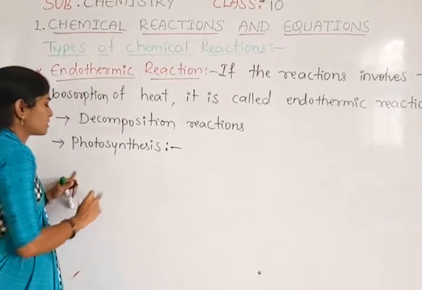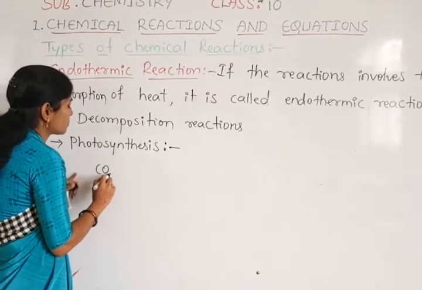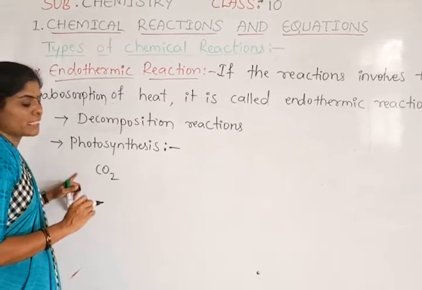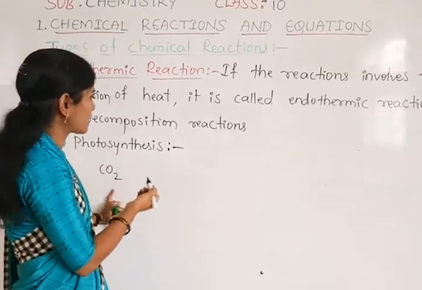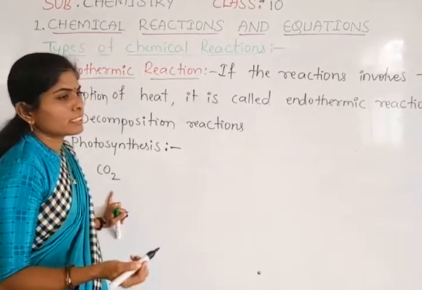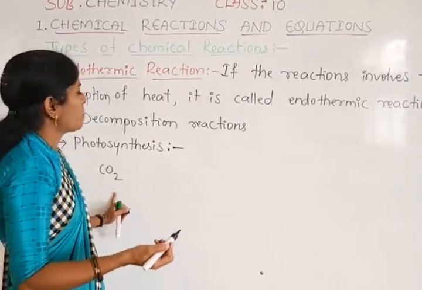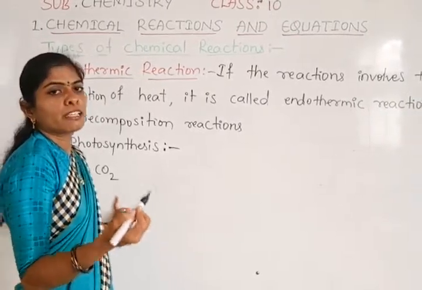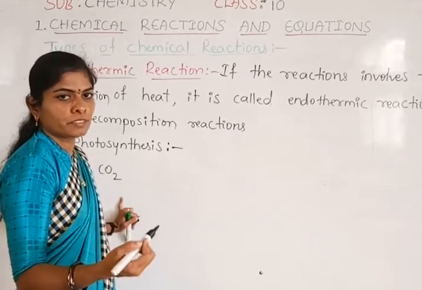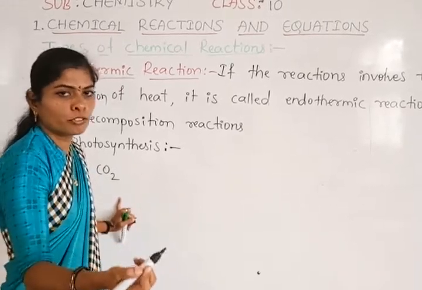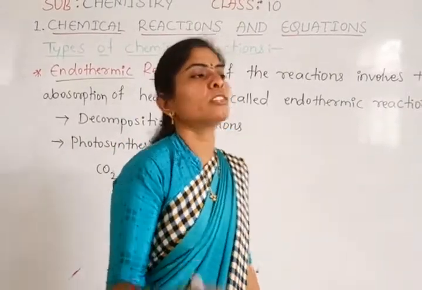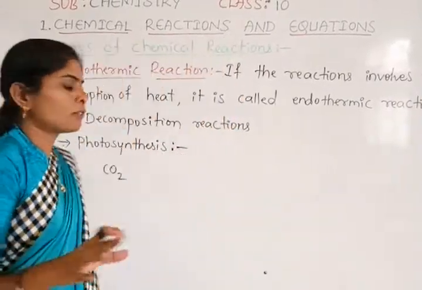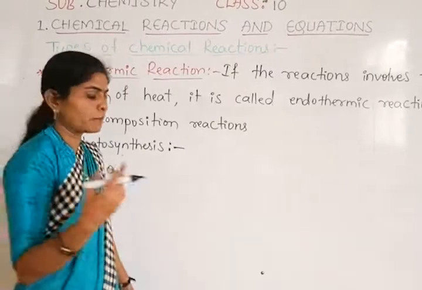So see how it is endothermic. Firstly, I have to explain what photosynthesis is. Photosynthesis is the process of making food by plants. Plants produce food, so we call plants the producers, because only plants can prepare food, because of the presence of chlorophyll.